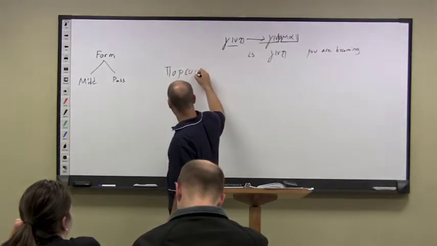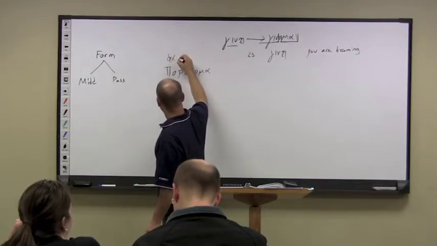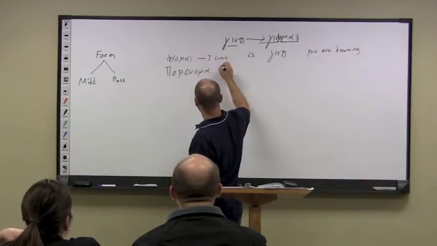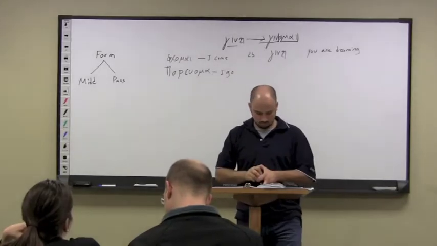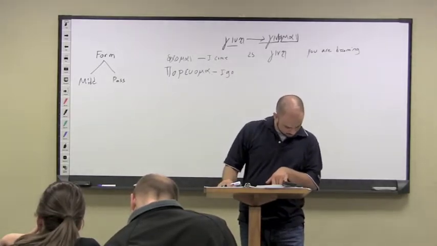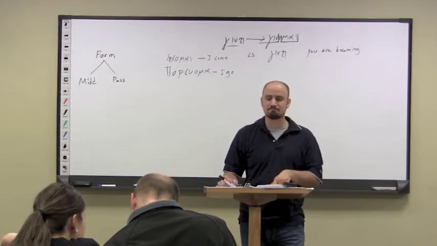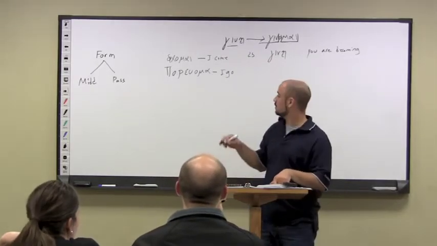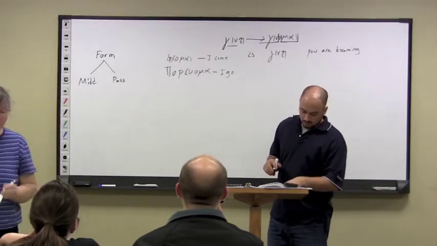Parerchomai is easy to confuse with erchomai. Erchomai is I come, and parerchomai is I go. Because on page 90, it says both of those definitions, I come and I go. I learned it very rigidly with erchomai I come and parerchomai I go. I see it. So that was why I was confused.